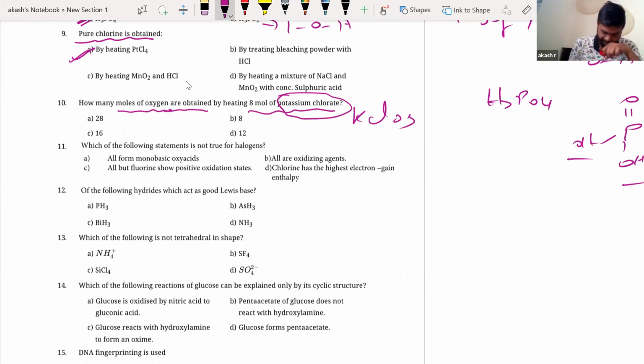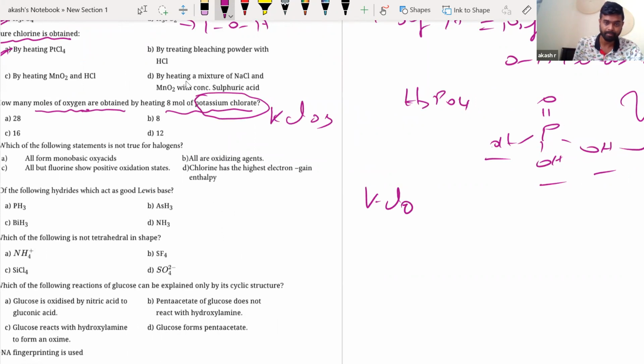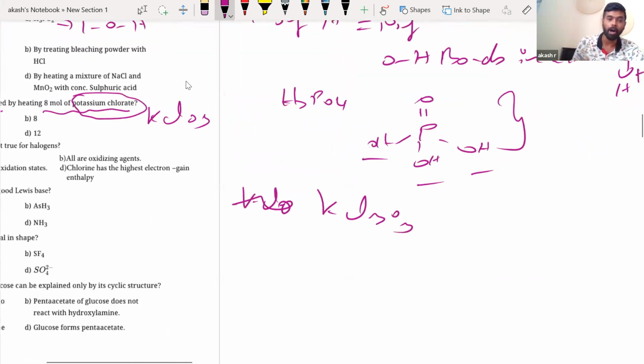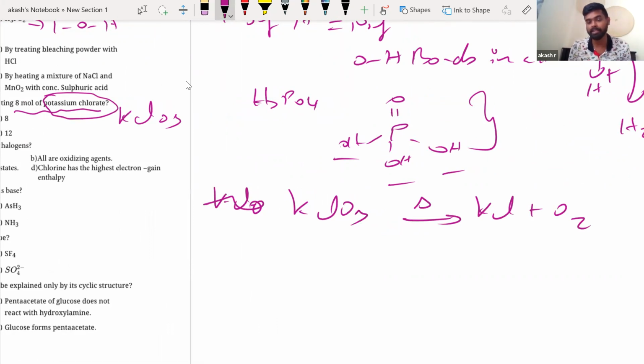On heating, KClO3 gives me KCl plus O2, correct?